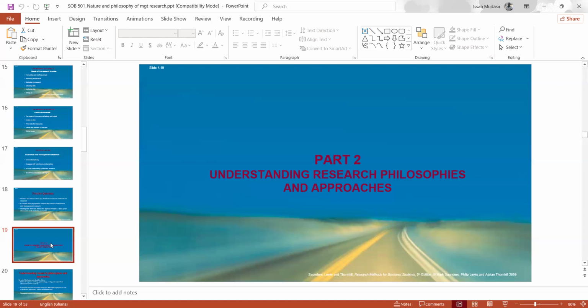In terms of major categorization, we have at least four main perspectives: positivism, realism, interpretivism, or what others call constructivism, and then pragmatism.